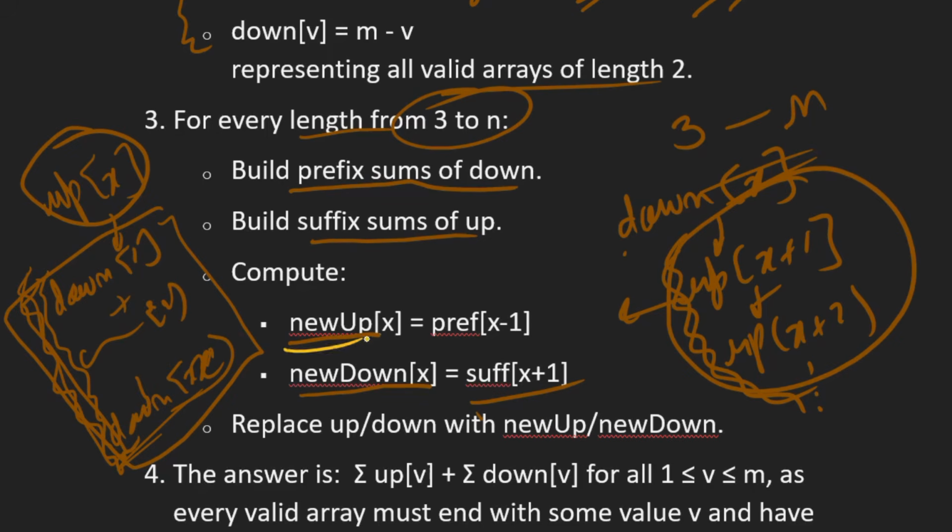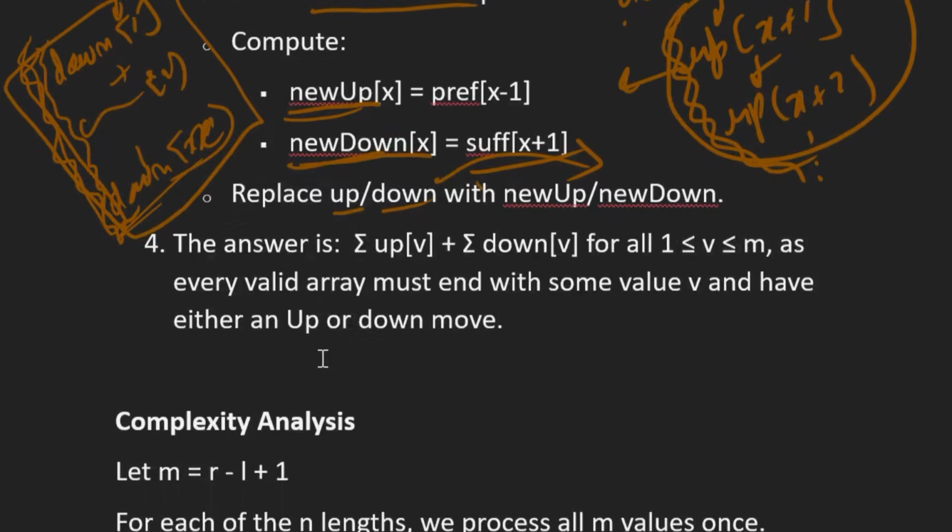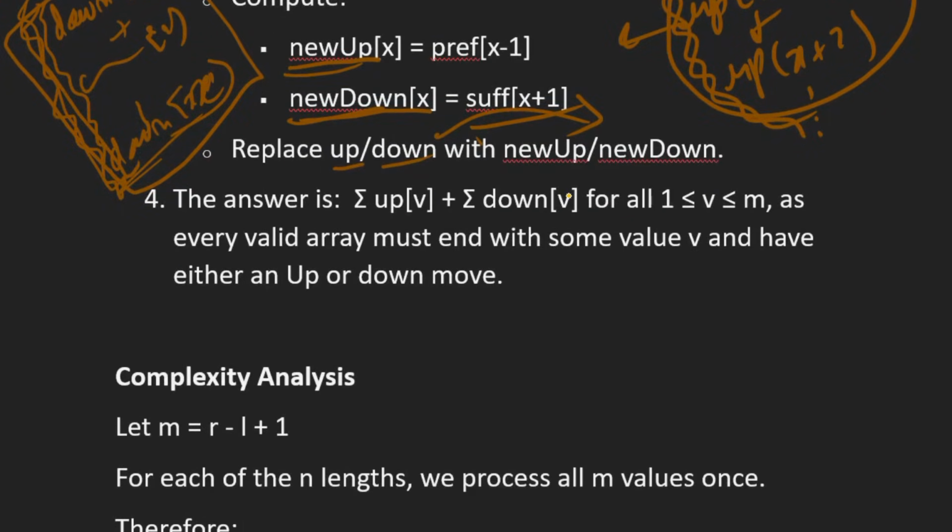So once we compute the new up and new down array, then we replace our up and down with the new up and new down, and then at the end, once we have built the array up to n length, what we need is the final answer, that is the total number of valid arrays. So that final answer is the total summation of up of v plus summation of down of v for all the values v in the range 1 to m.